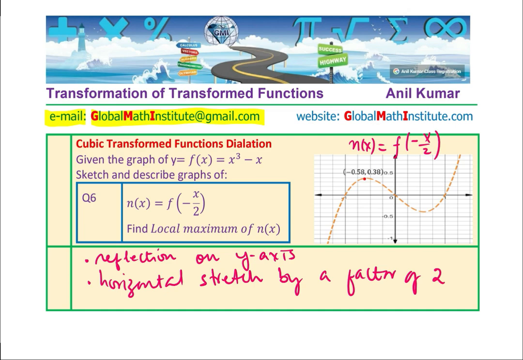So basically, these points will be stretched and reflected, which means that, let me draw it in 2 steps, right? First is reflection. So reflection really means that this point will come on that side, right? Mirror image, right? And minimum will now come on this side.